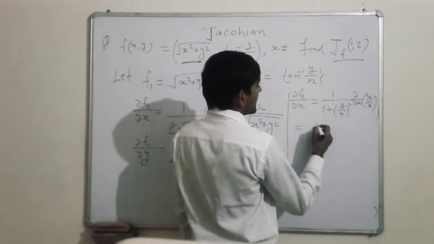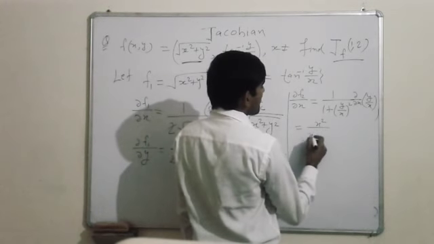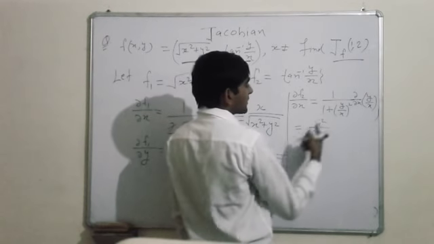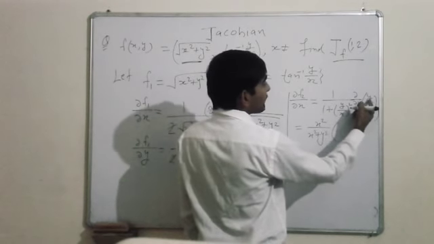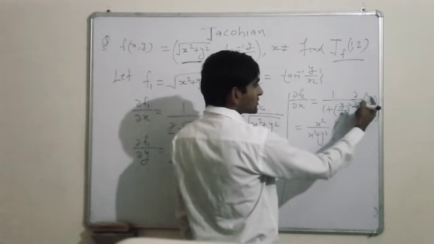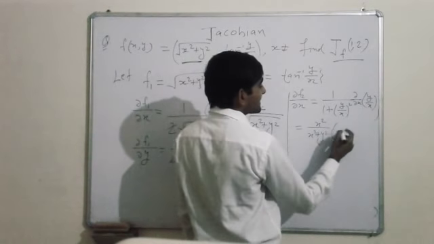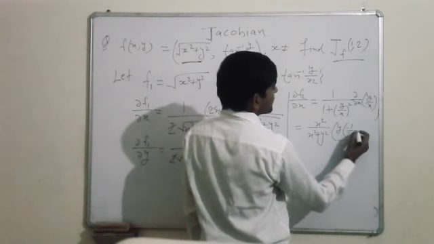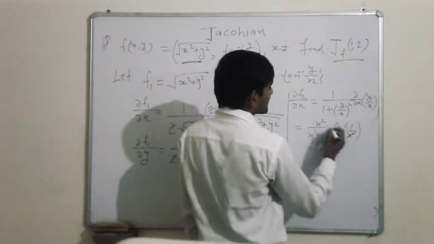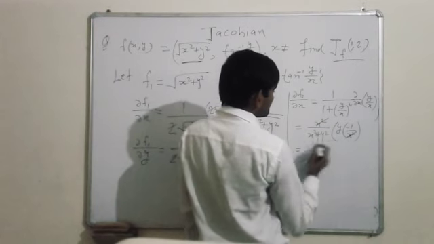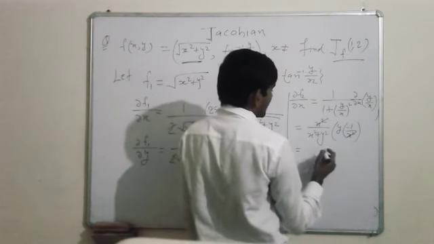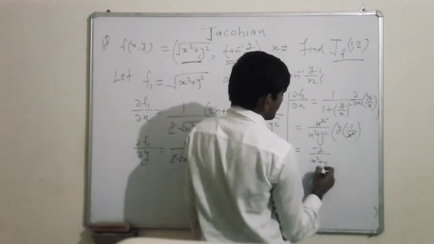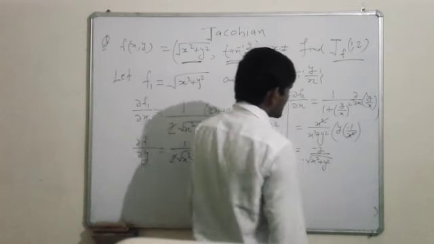This will be x² over x² + y². By solving it, we got it. The derivative of y is constant. The derivative of 1/x is minus 1/x². So the whole becomes, cancelling x², minus y over x² + y². This is the derivative.